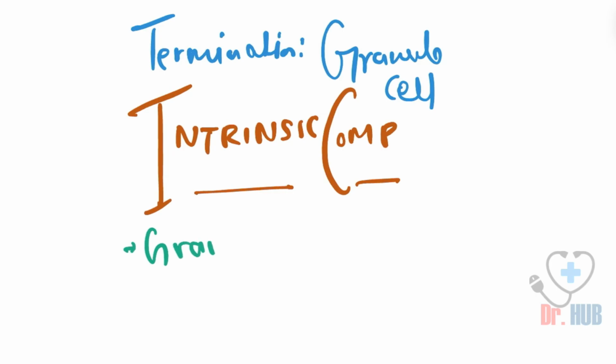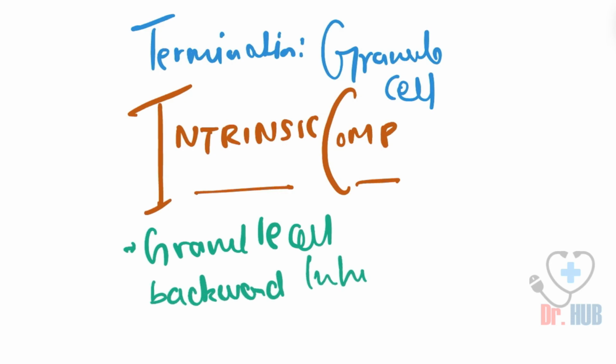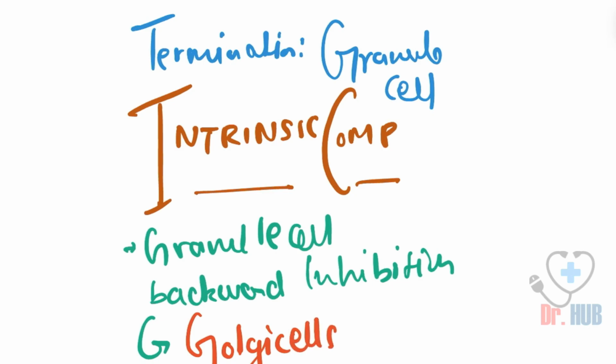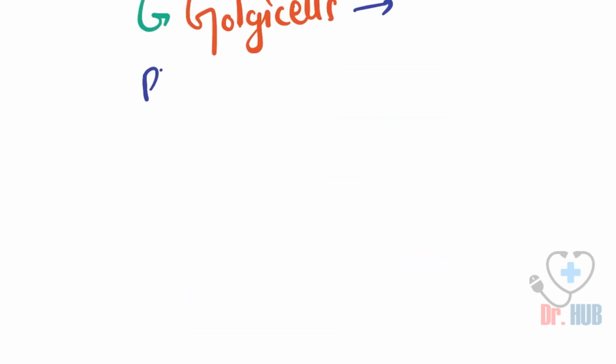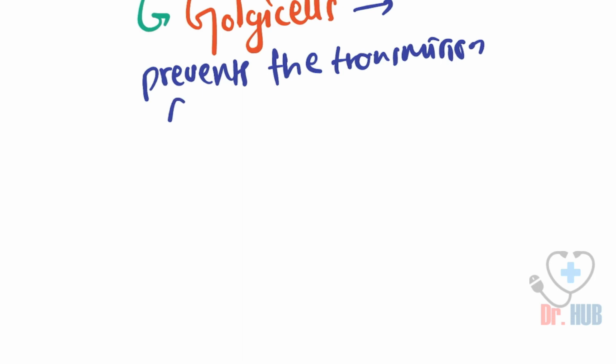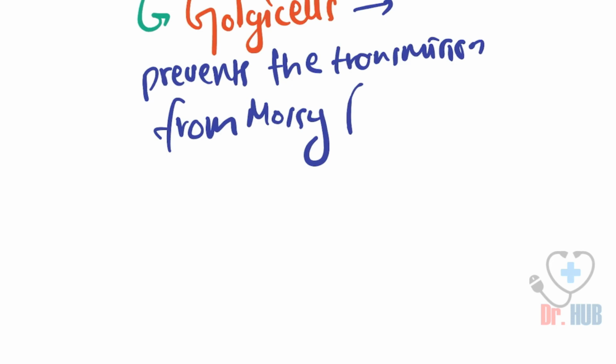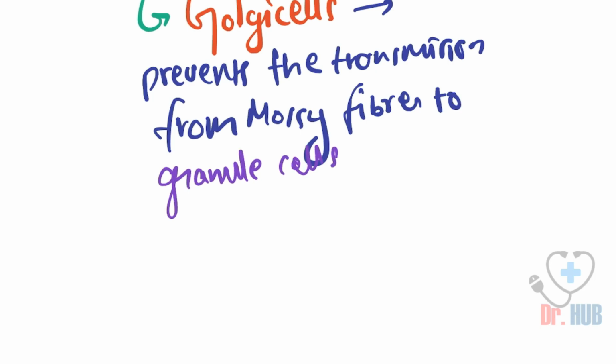This is done by the Golgi cells, and what this does is it prevents the transmission from mossy fibers to the granule cell.